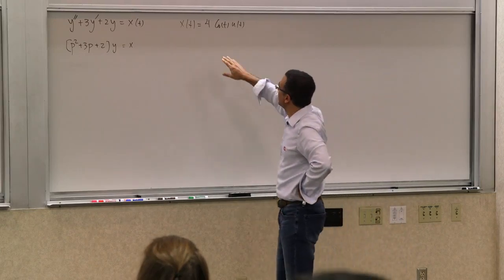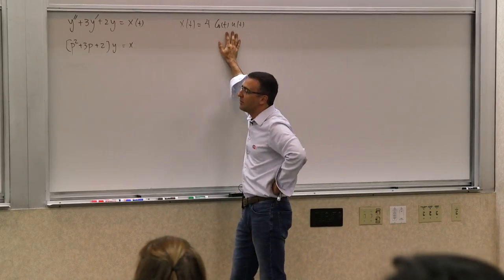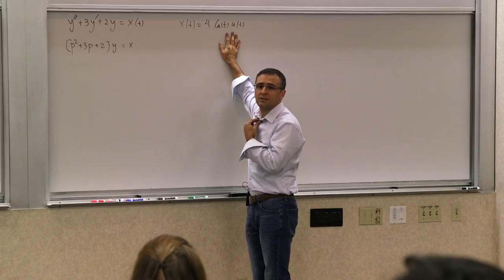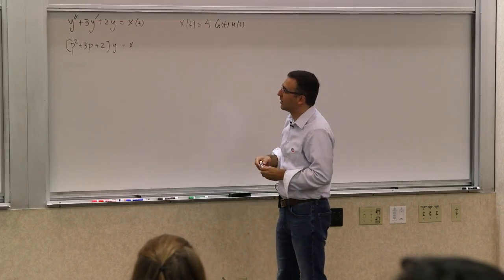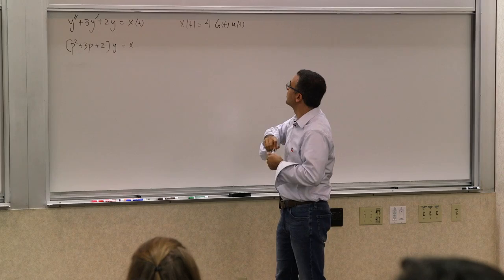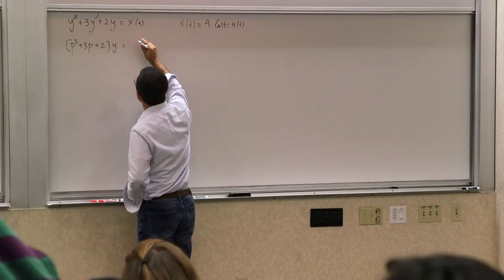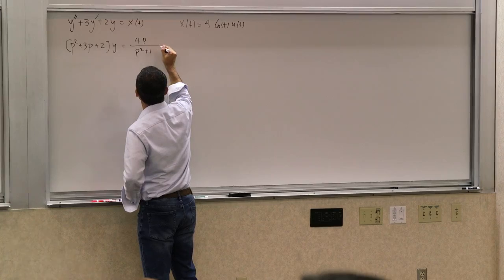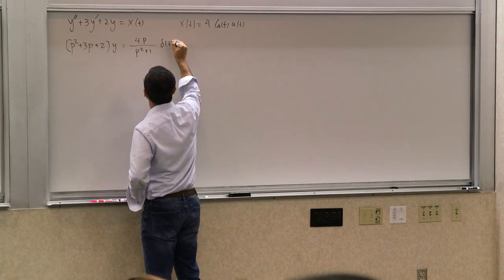What is x of t using the operators? Say again? 4p over p squared plus 1, right? So I can write this as 4p over p squared plus 1 operating on delta of t.